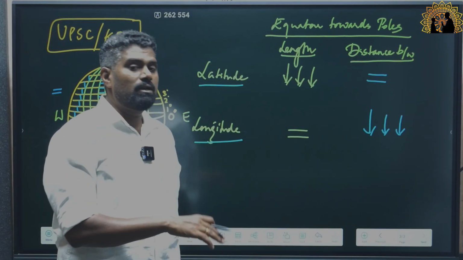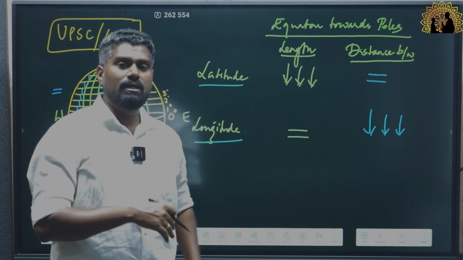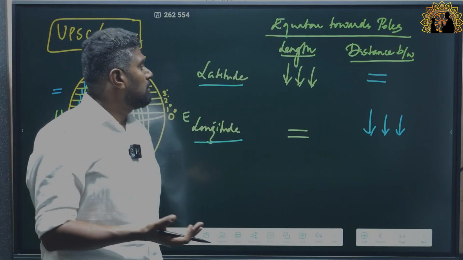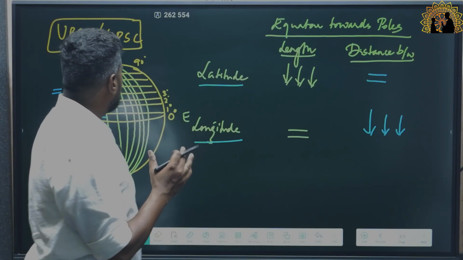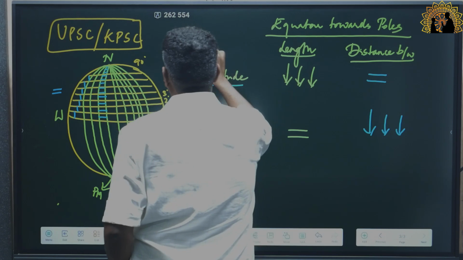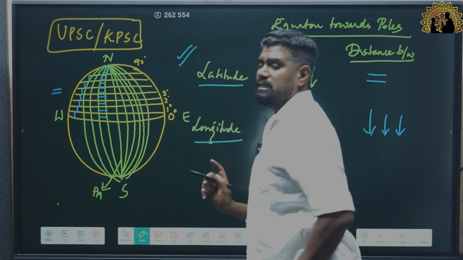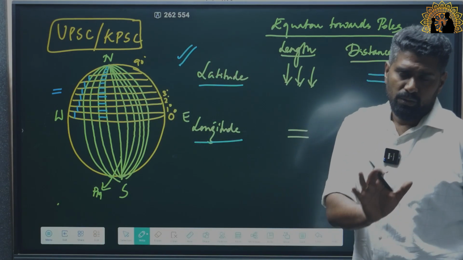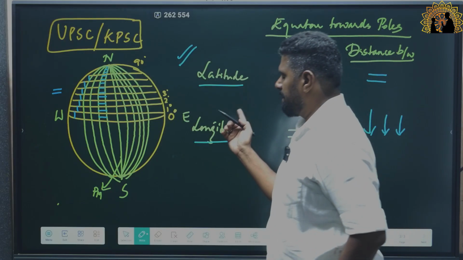Alright, apart from that, we also have time calculation and date calculation. For this, latitudes and longitudes are very important, especially from the point of view of examination, so you have to keep this area in mind.